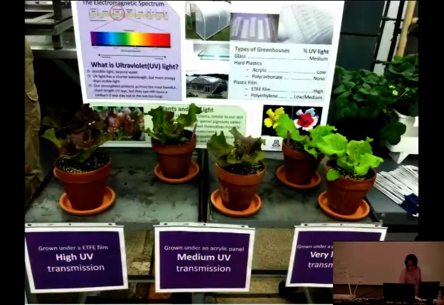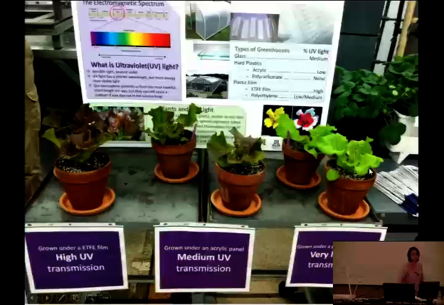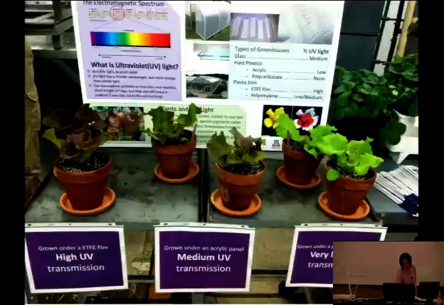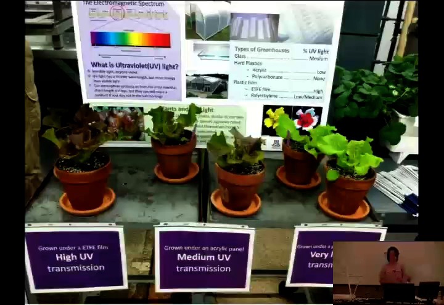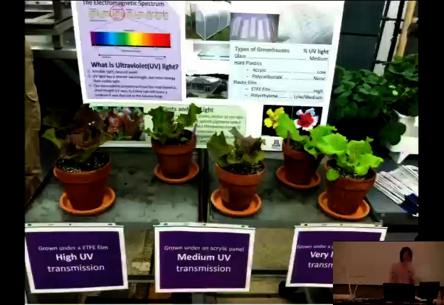Then this one, I think I showed you, shows the glazing impact on anthocyanin development of lettuce, same age, same variety. The polycarbonate transmits very little UV. The middle one is the acrylic, which is equivalent to glass, probably 60% UV transmission. The left-hand side is the ETFE, which has 80 to 90% UV transmission.